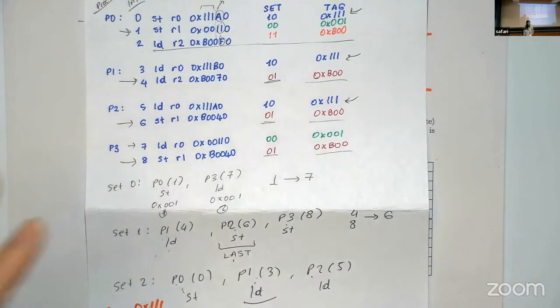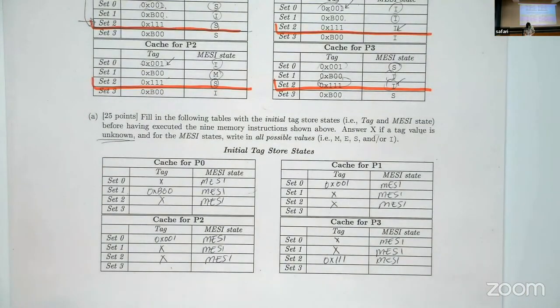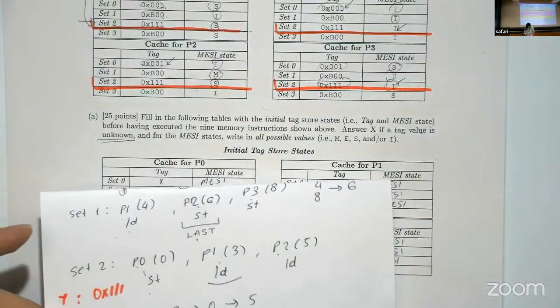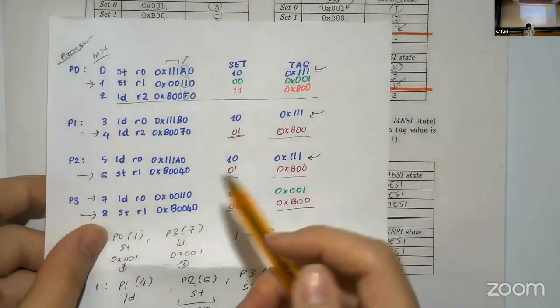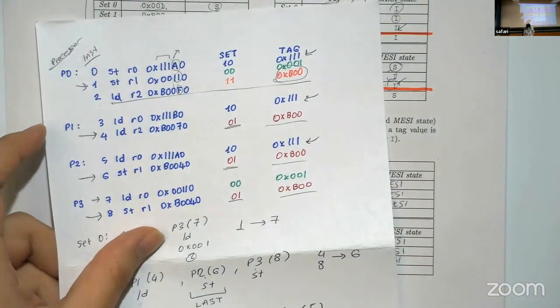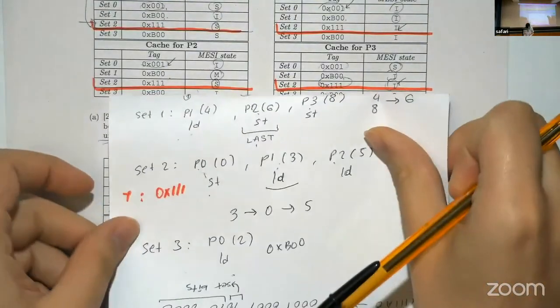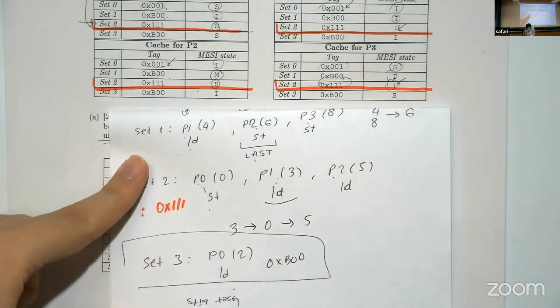So we don't do any ordering for this one. Let's check the states for this one. We also need the tag for this. Okay. Right. So we are doing this one.